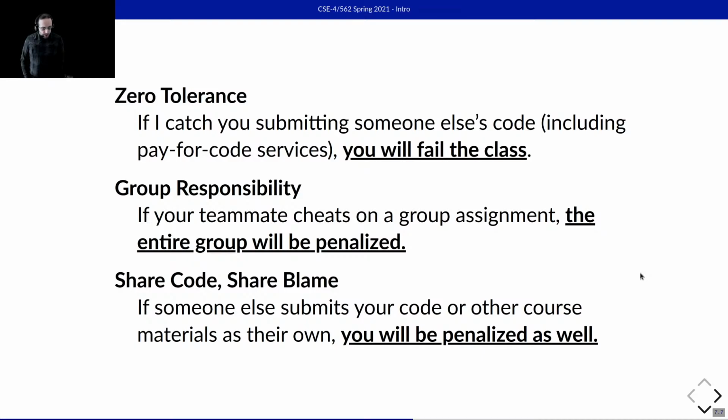Now, I have a zero tolerance policy. If you submit someone else's code, if you submit homework that was taken from a source outside of your group, or if you submit the same answers, or answers that I can provably link to someone else's answers, on an exam, you will fail the class. This is departmental policy, and while there is leeway for instructors to impose softer penalties, I do not do that.